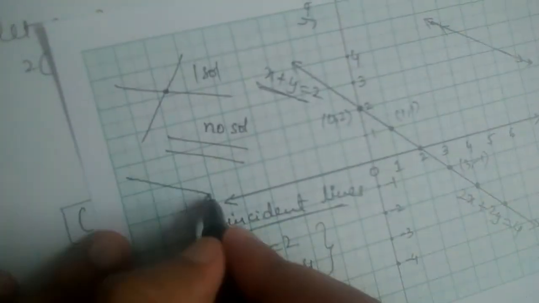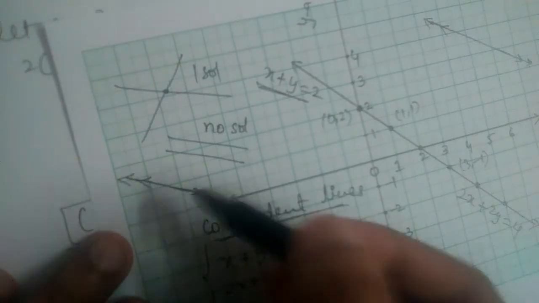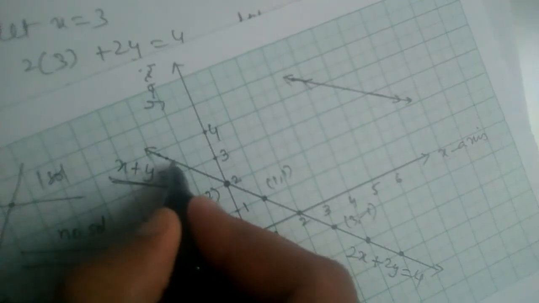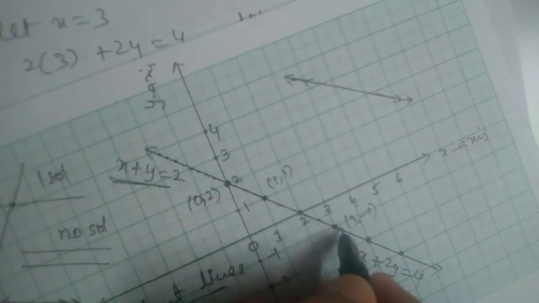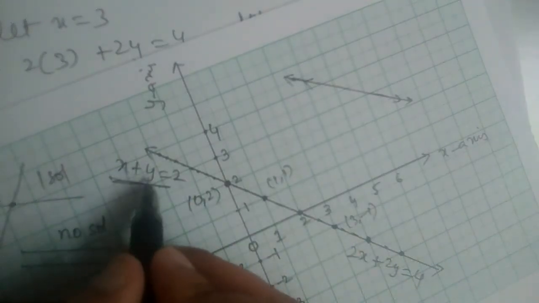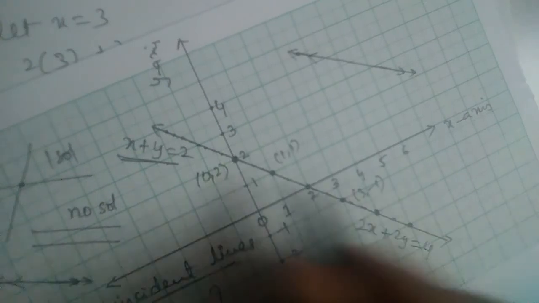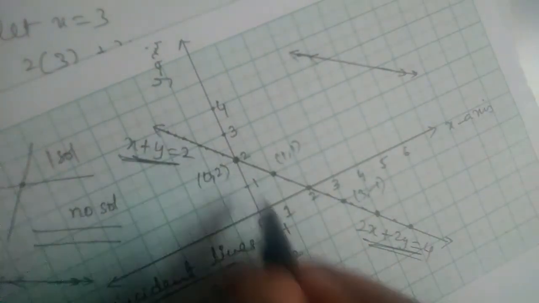And in the third case we have straight lines like this, two lines lying on each other, see, like this, right? That means every point which is lying on x + y = 2 will also lie on 2x + 2y = 4. That point will satisfy both the equations, right? So like this, how many points will satisfy?